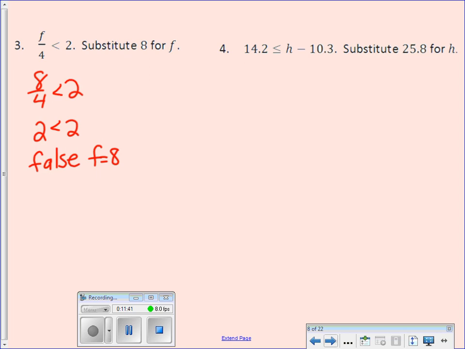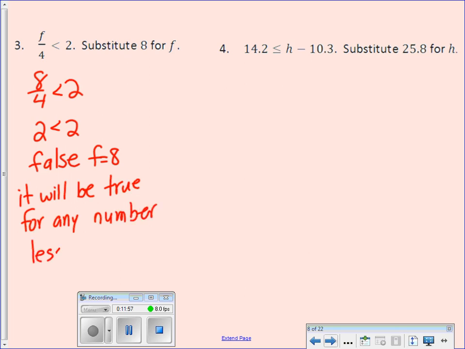So it has to be anything less than 8. It will be true for any number less than 8. 8 was just a little too big because we don't want it to equal 2. We want it to be a little bit smaller. So that means we have to make 8 a little bit smaller.